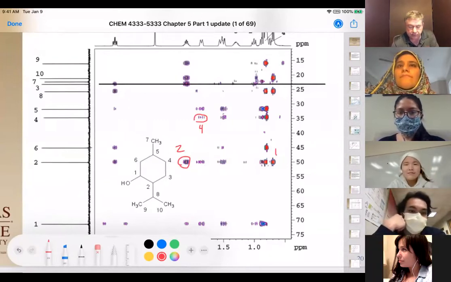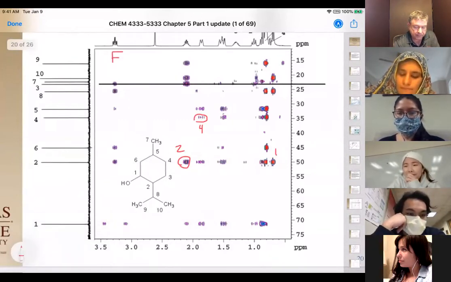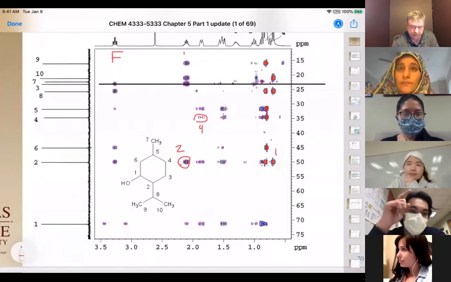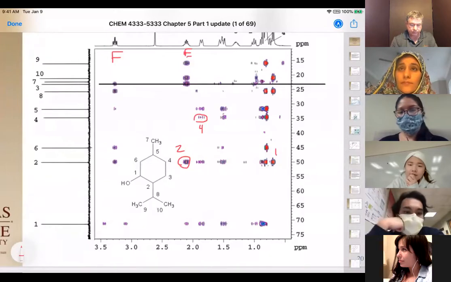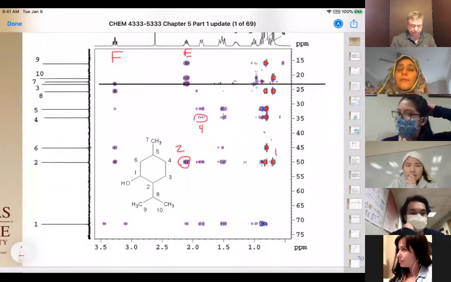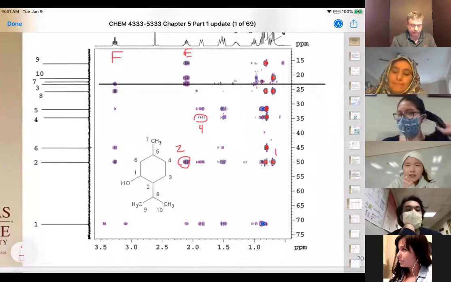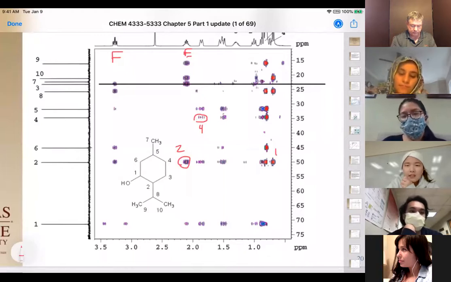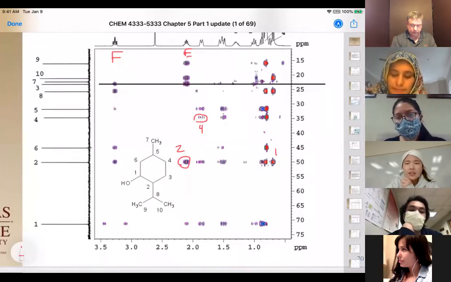This is, again, hydrogen F, and this is hydrogen E. So F was the one that is on carbon number 1 right here.